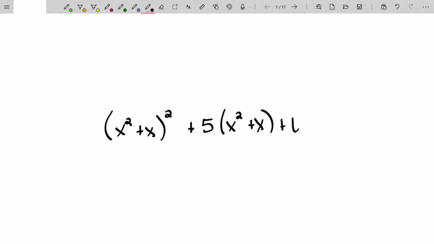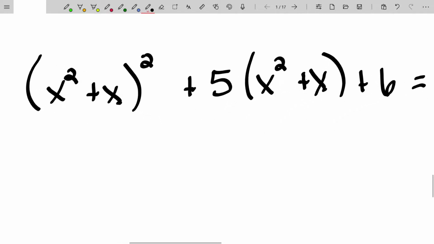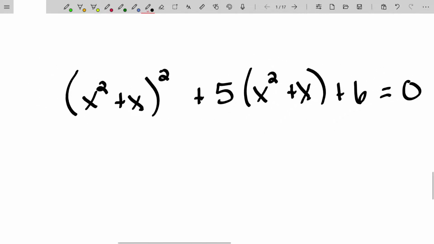You dealt with equations like this: x squared plus x, quantity squared, plus 5 times x squared plus x, plus 6 is equal to 0, or something like that. When you were in algebra, the advice from your instructor should have been: do a substitution. If you see patterns, do a substitution. It's very nice to simplify things.